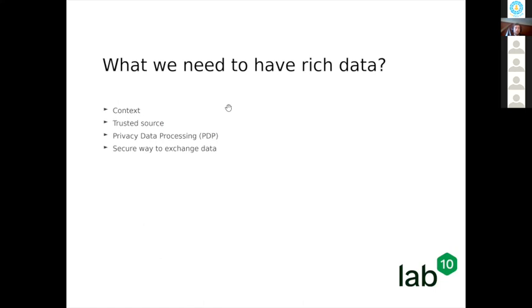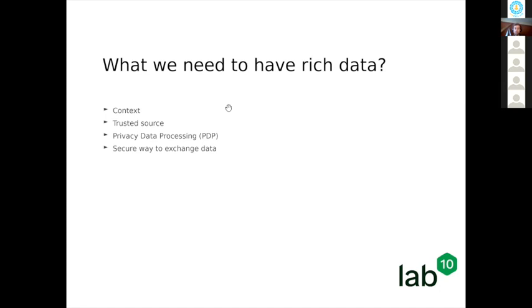So if you have raw data, and let's say it's an expiration date, right? If you do not have a context, you have no idea what it is for. If it's an expiration date for your driving license, or maybe the expiration date of your carton of milk in the fridge, right? Without the context, the data are not as valuable as they could be.